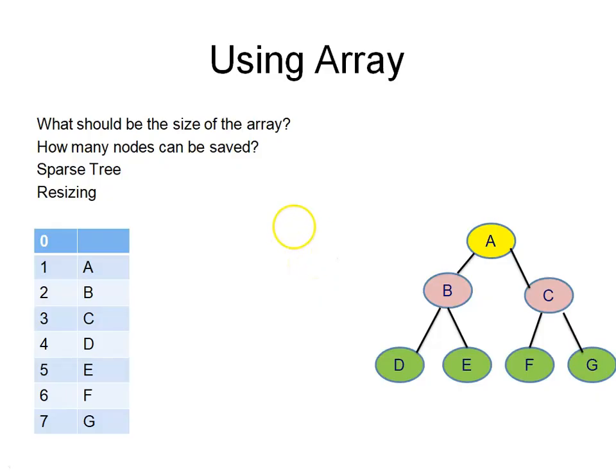First of all, we have to understand that for storing a tree of 7 nodes, I require 7 spaces in the memory. And one thing we have to notice is that index 0 is never used in the tree representation. You can utilize this space for storing how many nodes are actually present in the binary tree.